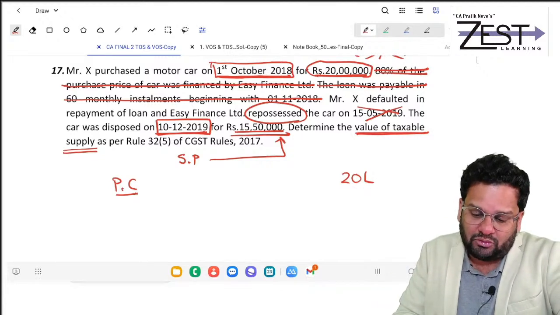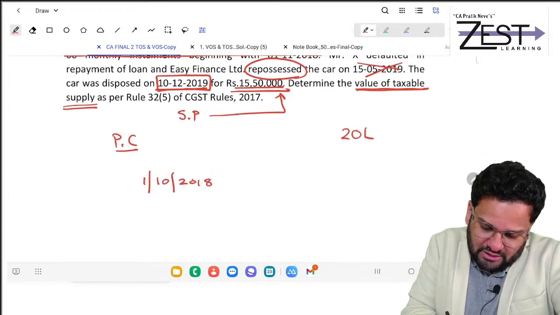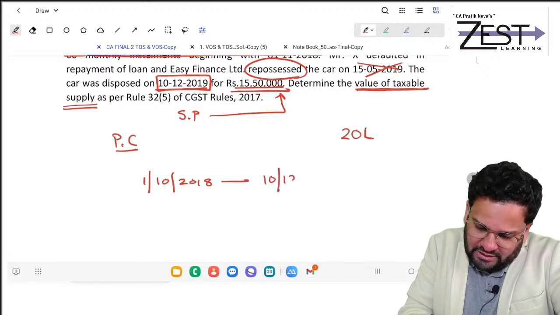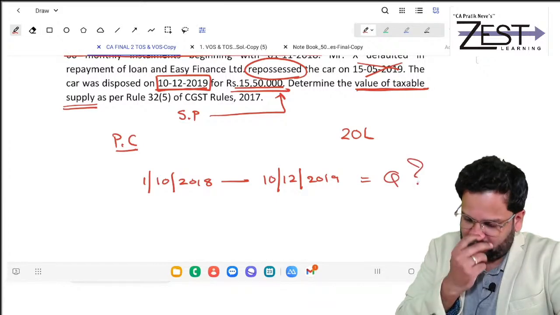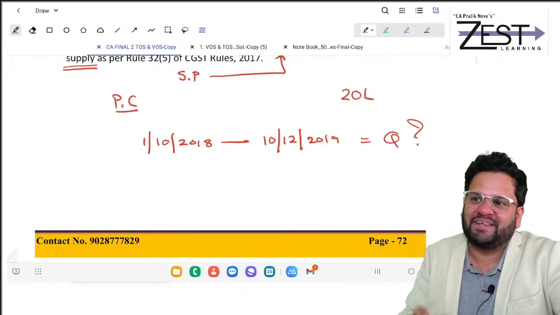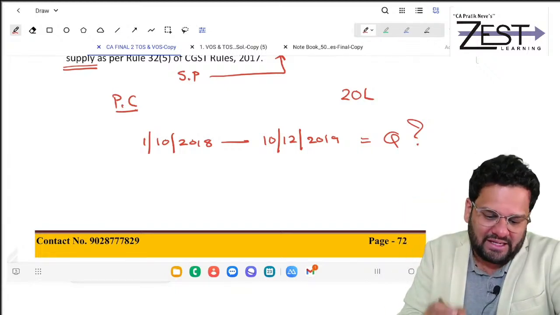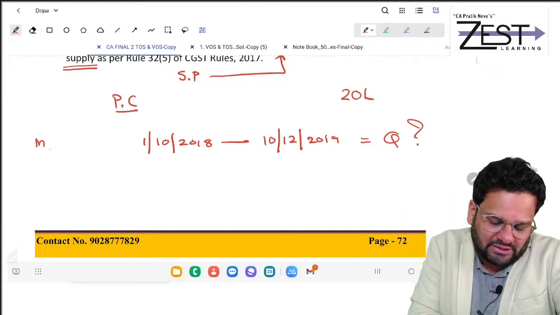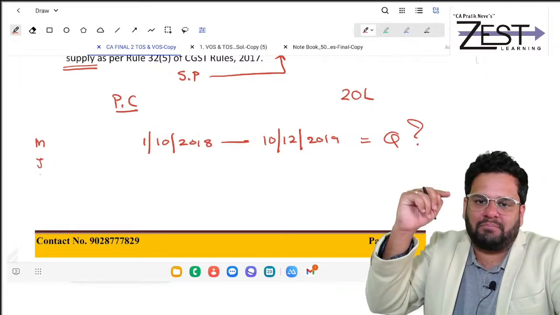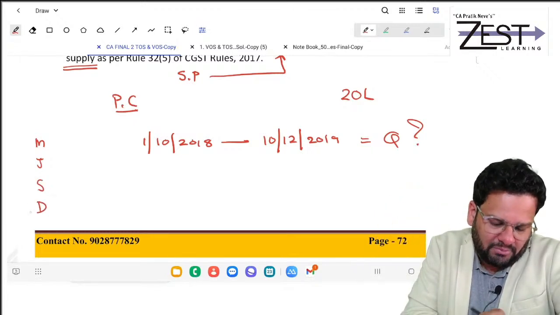Yes. Can you tell me, 1st October 2018 to 10th December 2019 is how many quarters? Sir, how to find quarters? Very simple. Quarter means a period of 3 months ending on the last day of March, June. See, Jan, Feb, March, April, May, June, July, August, September, October, November, December.